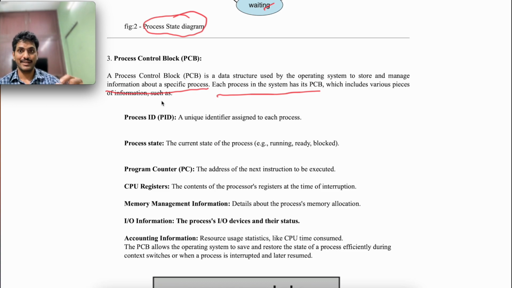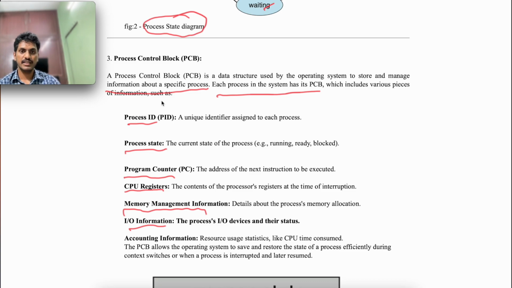What does this block contain? This block contains some description about the process. The PCB contains process ID, process state, program counter, CPU registers, and memory management and IO information, and some accounting information.